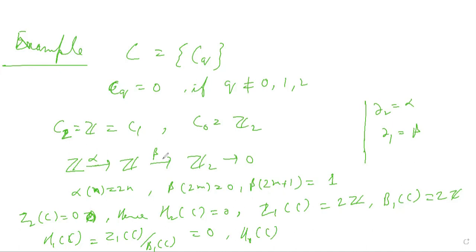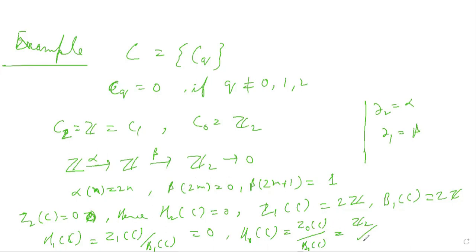H0C is your Z0C quotiented by B0C. See, beta is surjective. So here kernel is whole Z2, because you see 0 and 1 both are there in the image of beta.